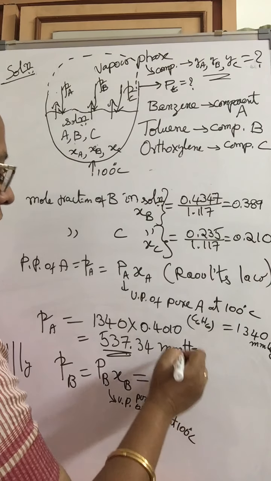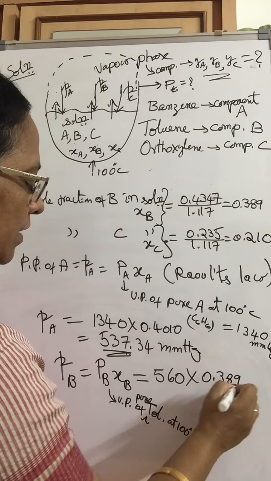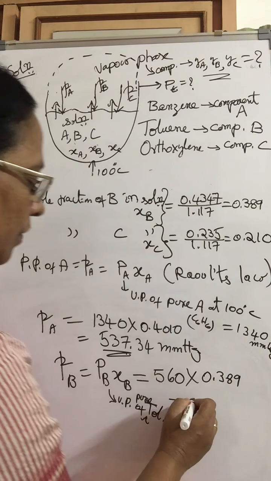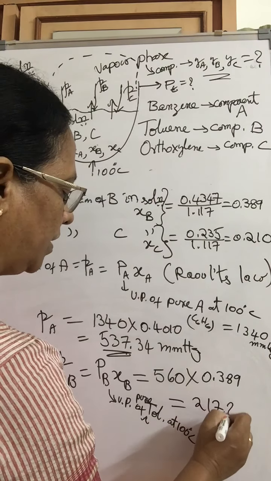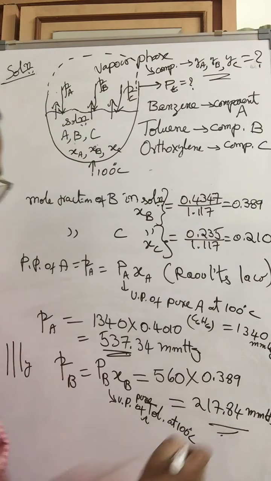So 560 into XB, and XB is 0.389. So this is equal to 217.84 mmHg. This is PB.